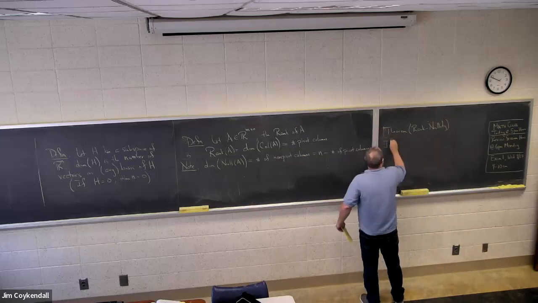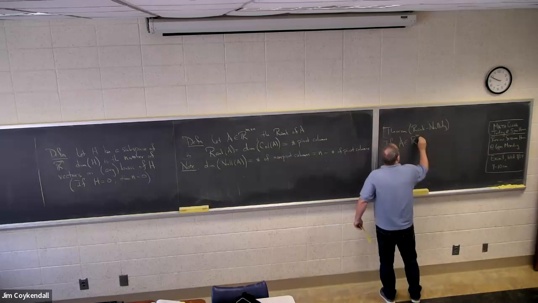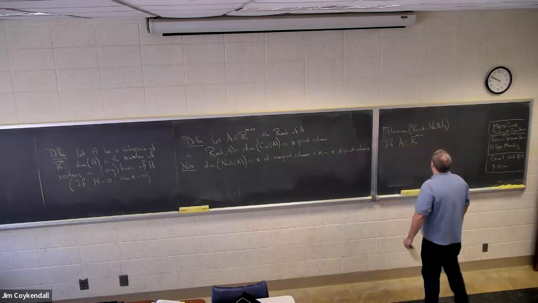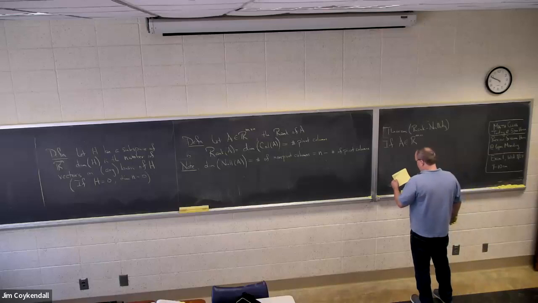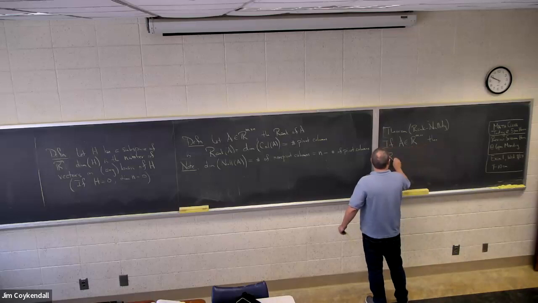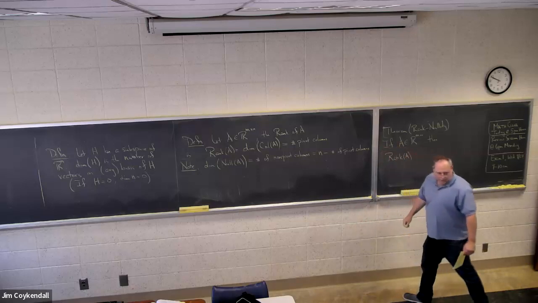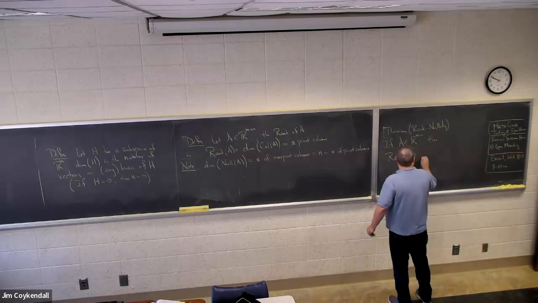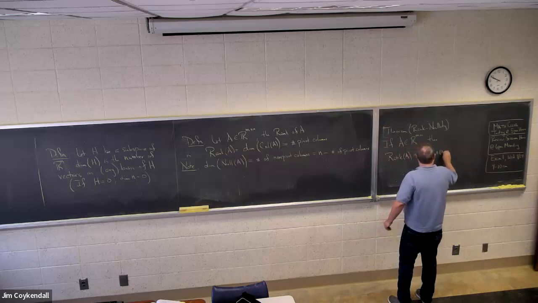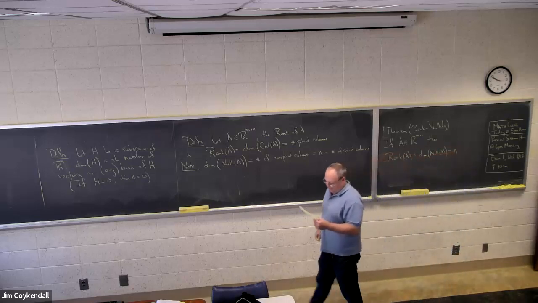If A is a matrix m by n, then the rank of A, which is the number of pivot columns, plus the dimension of the null space of A, which is the number of non-pivot columns, should equal the total number of columns. And there you go.